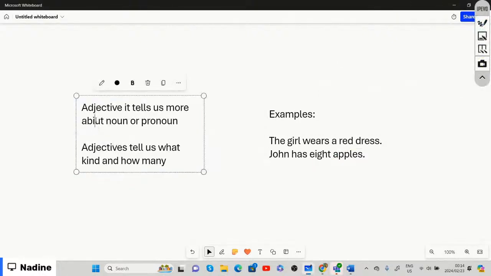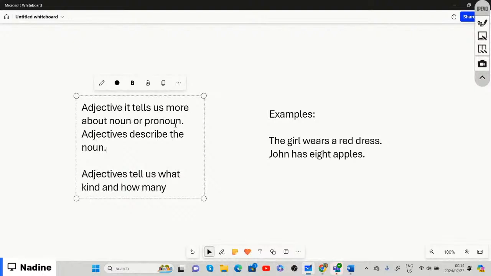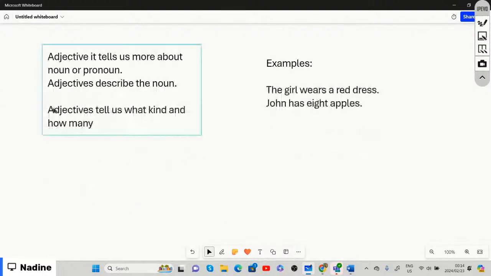So adjectives either tell us more about the noun or the pronoun, or we can also say adjectives describe the noun. They tell us what kind and they tell us how many.